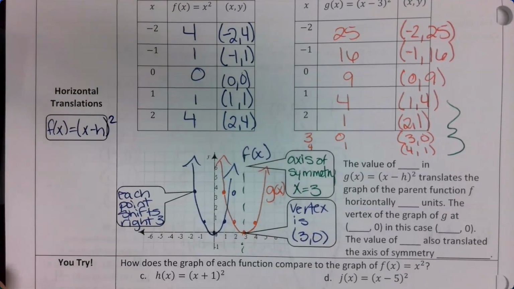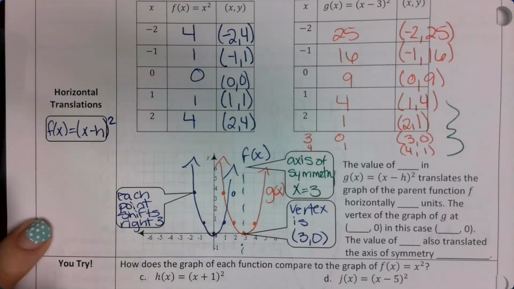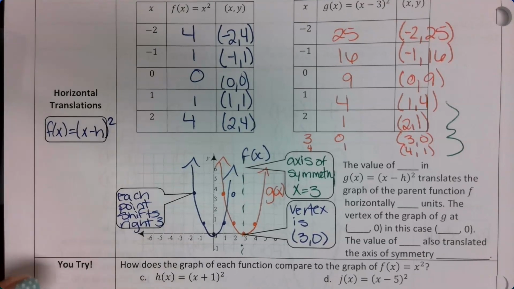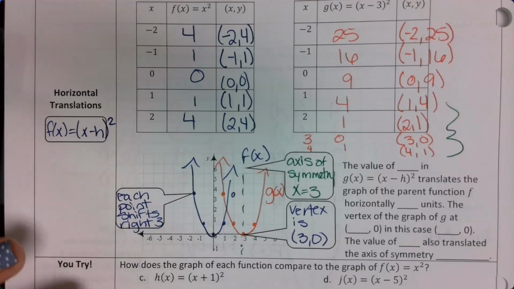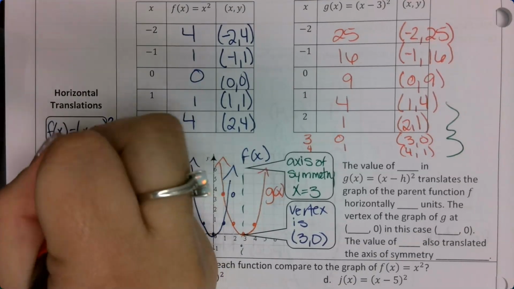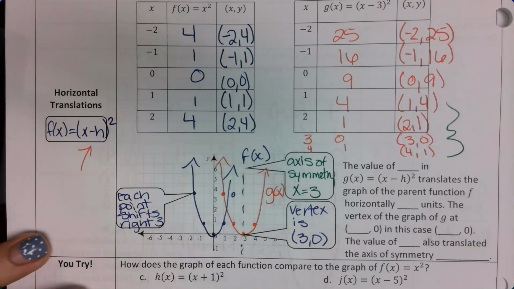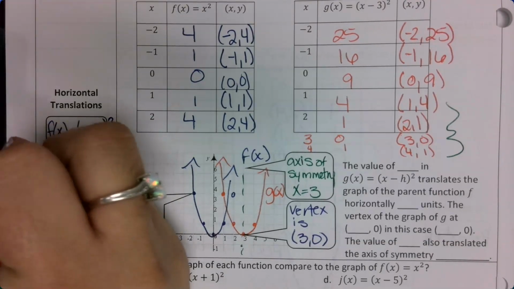So the translations we're doing in this section are x minus h, and then that whole thing is squared. So this one moves opposite the sign.